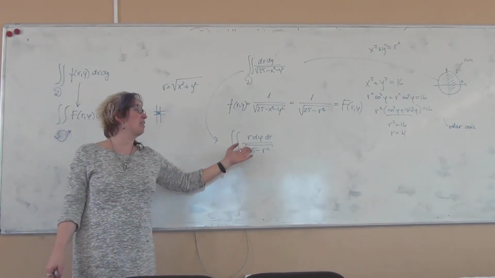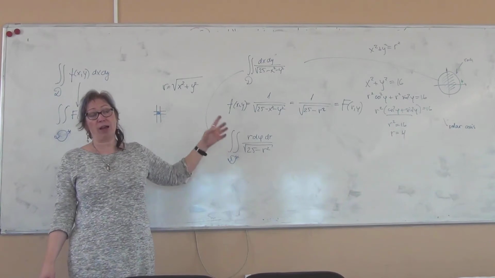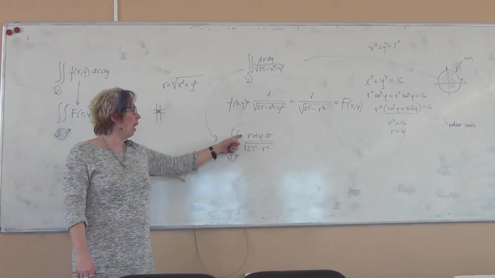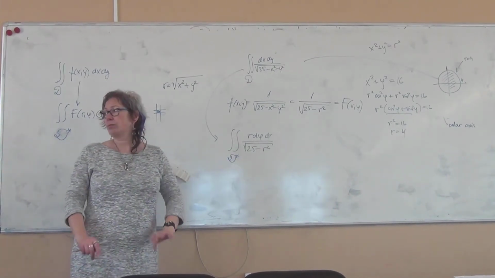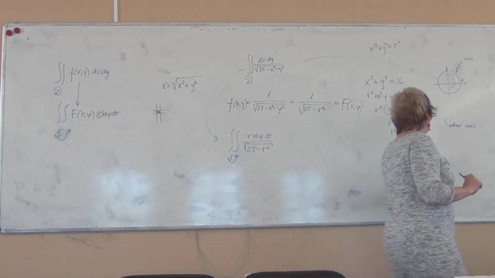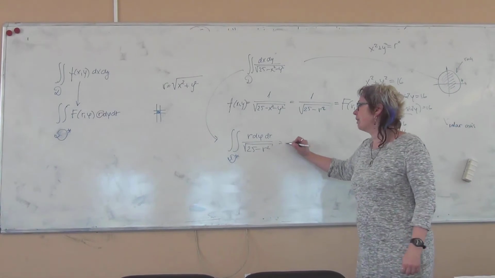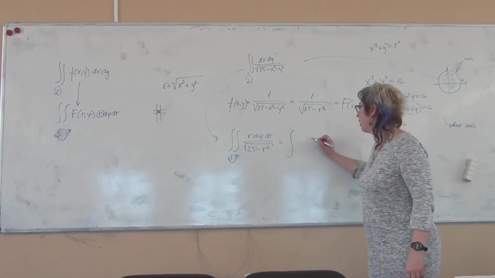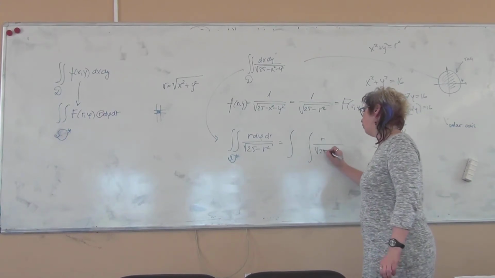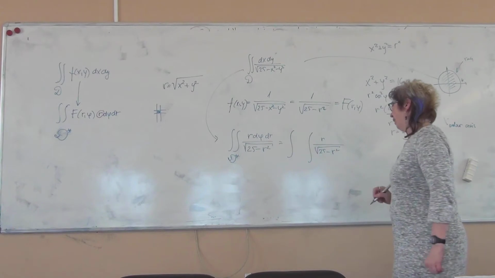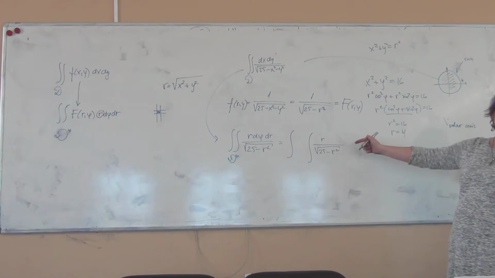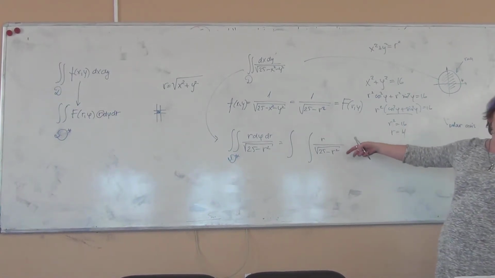So in the end, it will not be our arctangent after all, or arcsine after all, because r is more or less the derivative of r squared. Now, how do we write this as an iterated integral? There will be this function r over square root of 25 minus r squared. It is nicer to integrate by r, because the function is in terms of pure r.